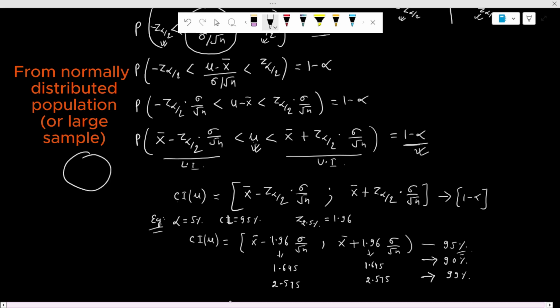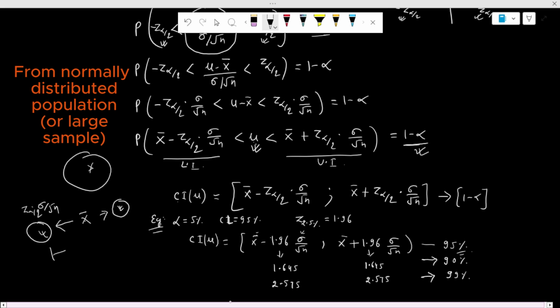So from a sample, we calculate the sample mean, we know this value, and we are assuming that we know the population standard deviation and the sample size. From the sample mean we subtract these values and we get our lower confidence limit, and we add the same value, z alpha by 2 times sigma divided by root n, and we get our upper confidence limit.